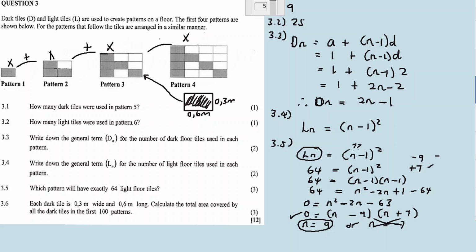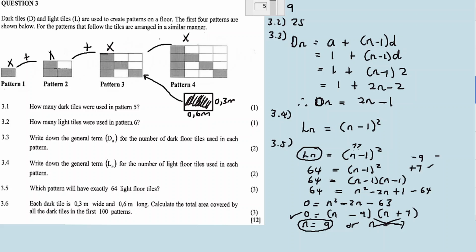Whoever set this question, it seems they were just sitting there yesterday, and then set this question. You don't do this to students, especially grade 10. This is a grade 12 type of question. 3.6, man.